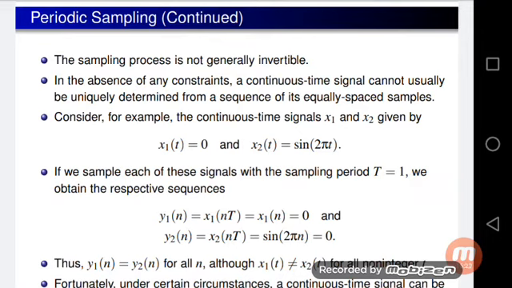Consider an example of continuous time signals x1 and x2. x1 of t equal to 0, x2 of t equal to sine 2 pi t.